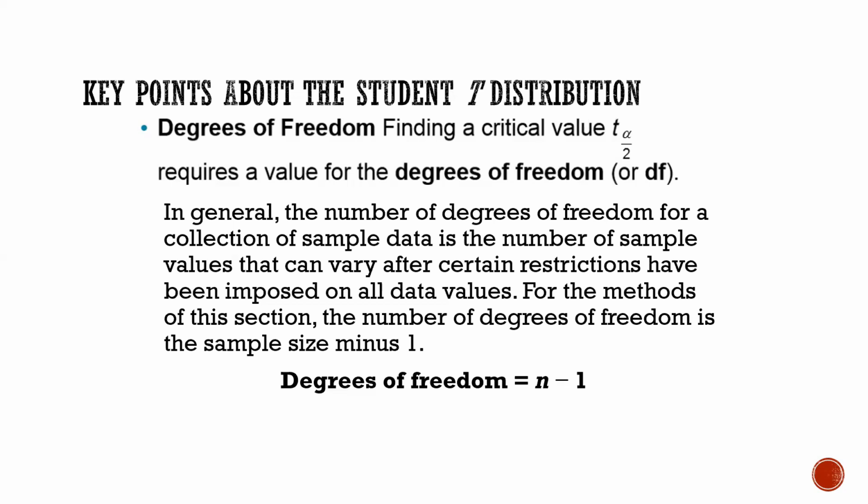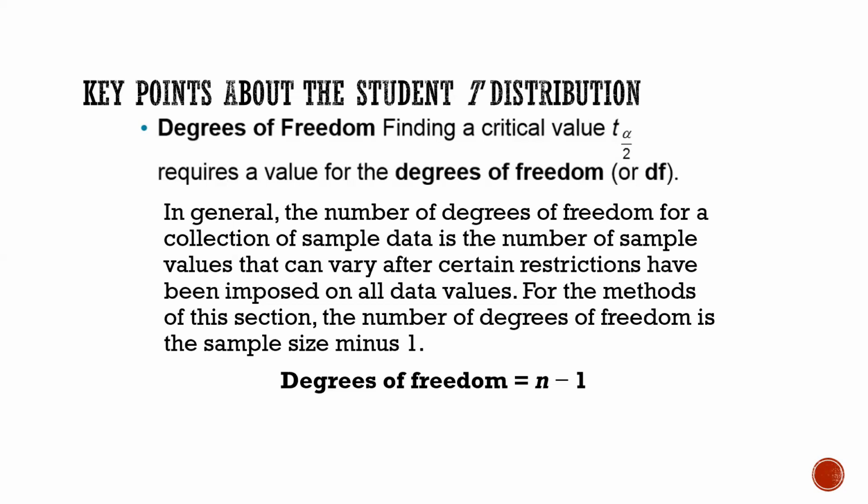If your sample has 100 people in it, your degrees of freedom is 99. This is perhaps the easiest formula you're going to use in this class, n minus 1.